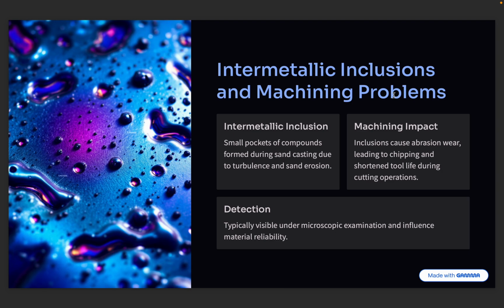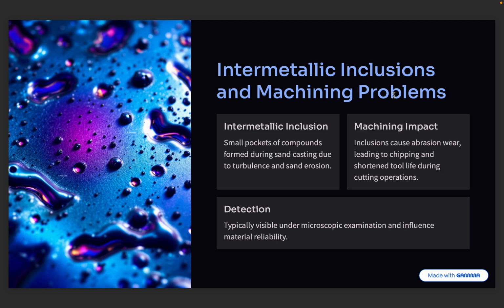If we are machining with chipping or shortened chipping or something, it can cause abrasion wear, and it affects the tool and shortens tool life in cutting operations.